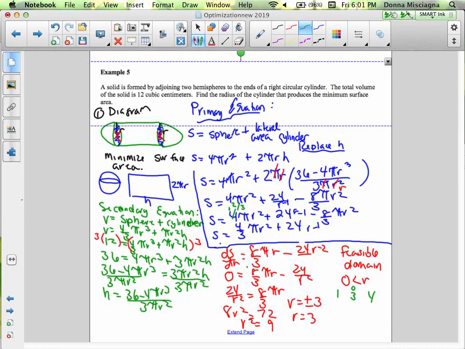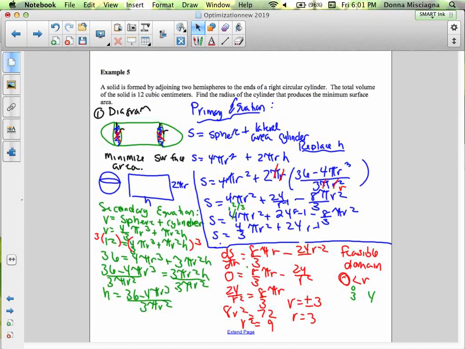And so 8/3 pi is greater than 24, so this is going to be positive. Wait, I better double check that. Hopefully we have a sign change here. Of course the calculator doesn't have one on. So 8 divided by 3, I'll have to approximate.